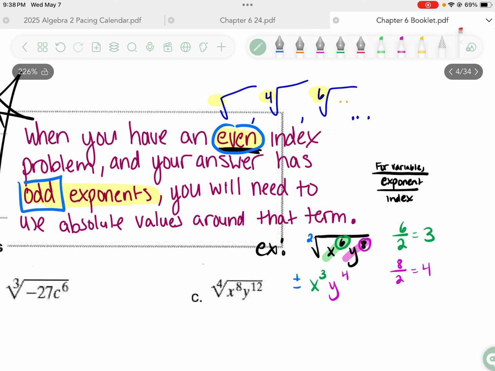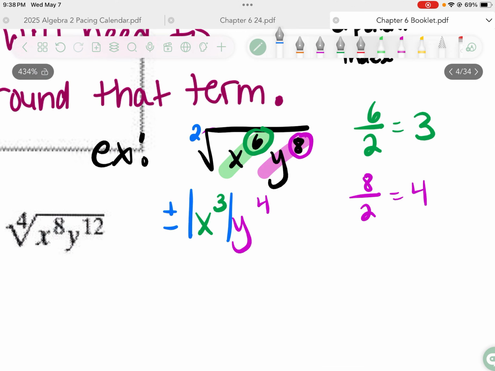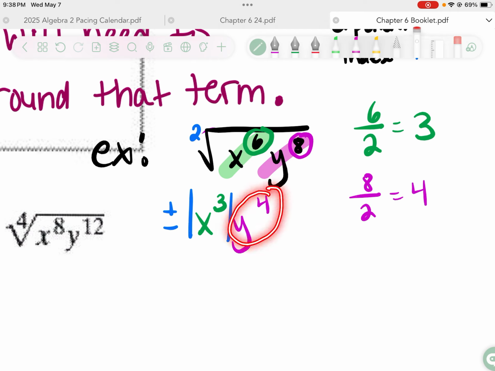All right, which one's the odd exponent? X cubed. Therefore, you need absolute values around the x cubed. You don't need it around the y to the 4th because 4 is an even exponent.